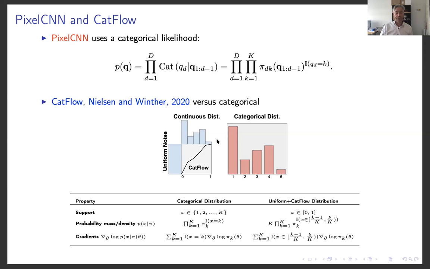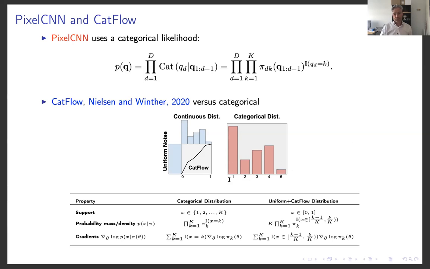Then you can define a transformation from this uniform noise into a piecewise continuous distribution by learning these values here, these slopes. Each slope is described by one number, which is essentially like these pies here, and this continuous distribution you can use directly on the categorical data like this.